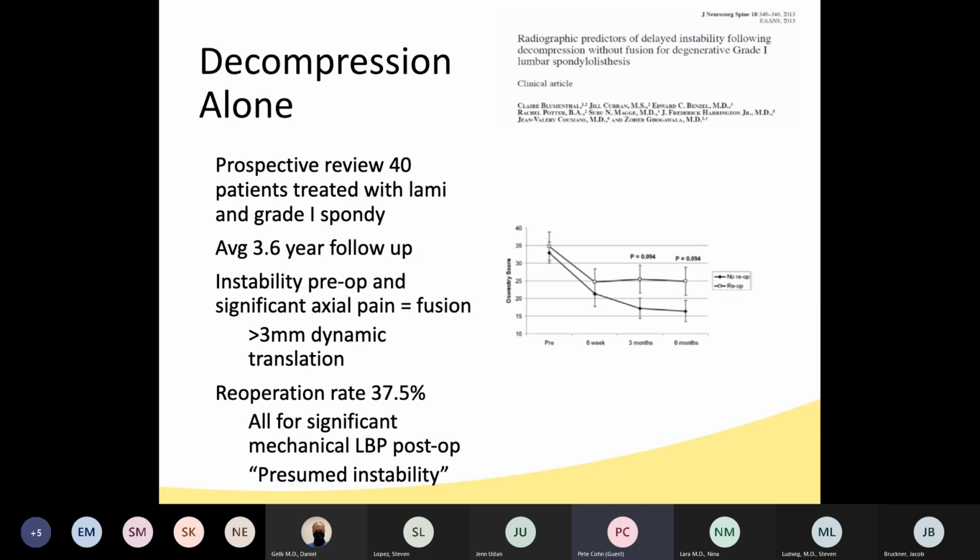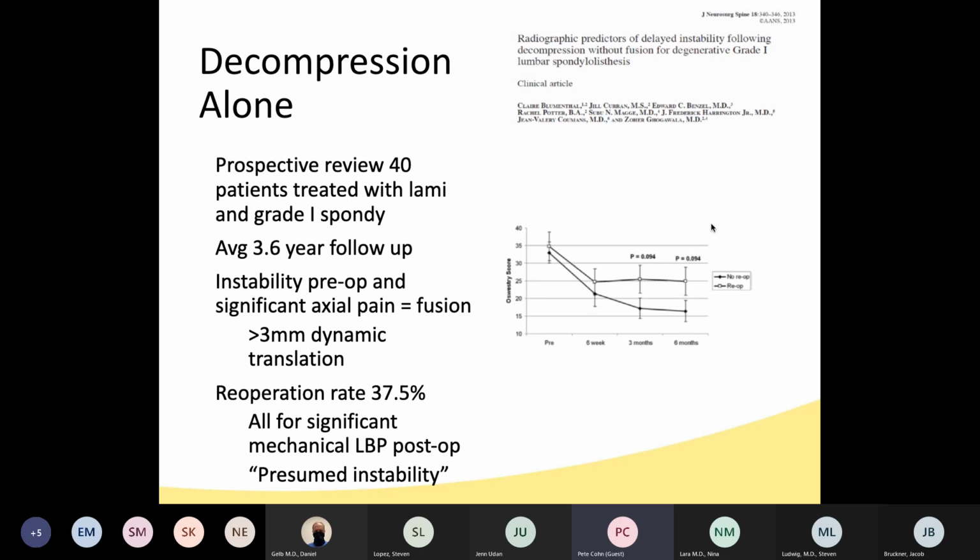They were not included in the study. But in their group of low-grade spondylolisthesis treated with laminectomy alone, they actually had a reoperation rate of 37.5%, and most of those reoperations were done for significant mechanical low back pain post-op, and quote-unquote presumed instability.